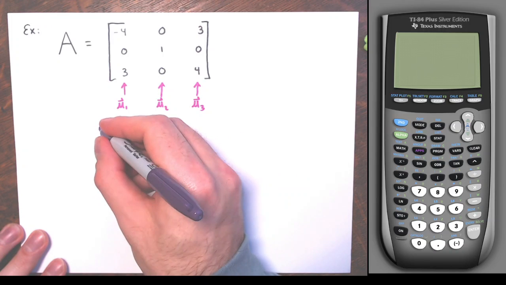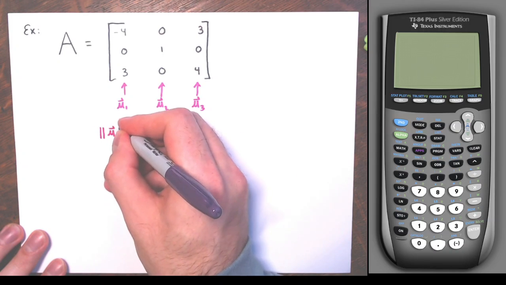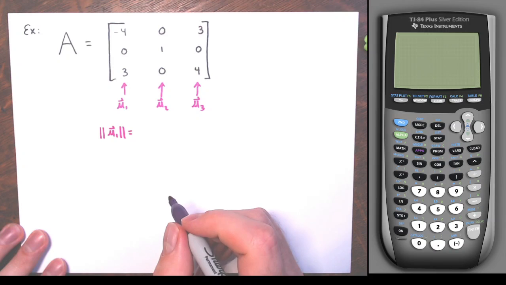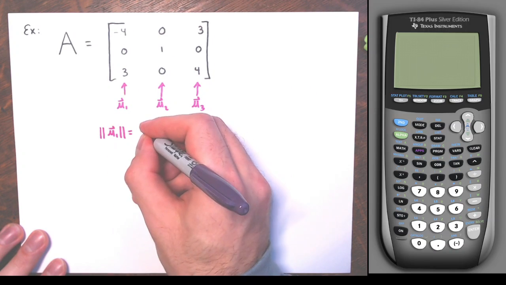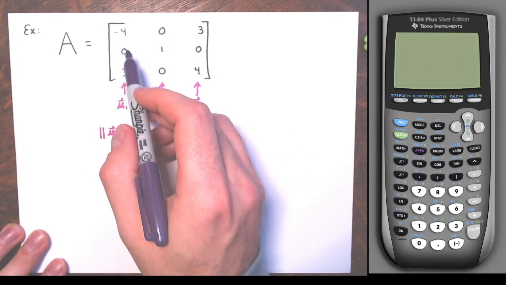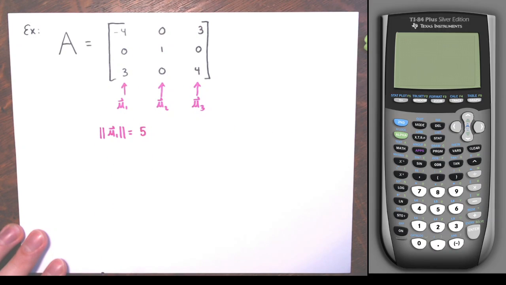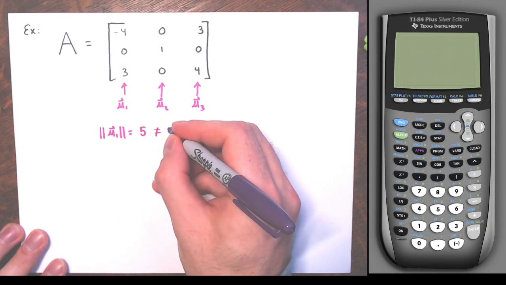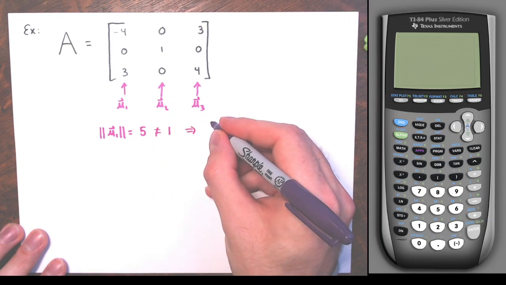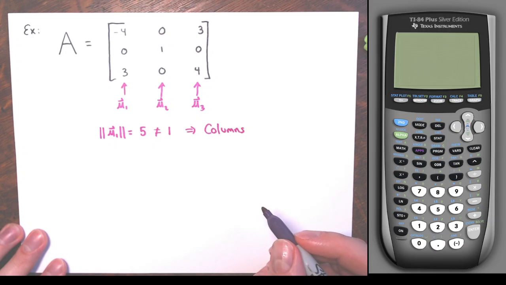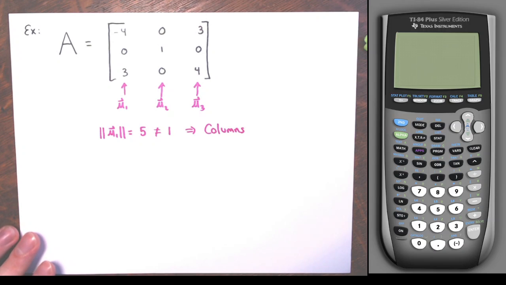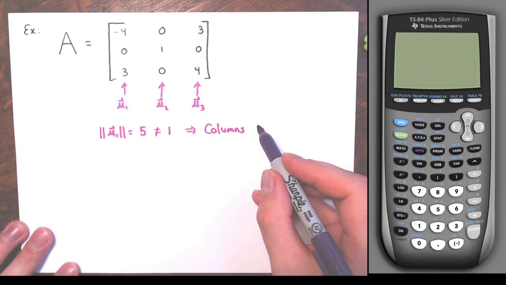The norm of U1 would be 5, not 1. It would be the square root of 16 plus 0 plus 9, the square root of 25. This is not 1, meaning that the columns do not form an orthonormal set. They're an orthogonal set, but they're not orthonormal, right? They don't all have a length of 1 under the dot product.